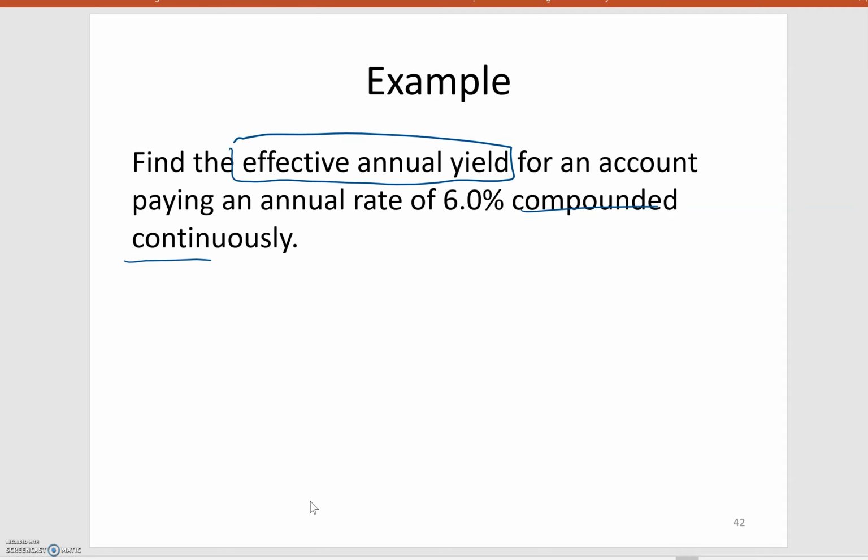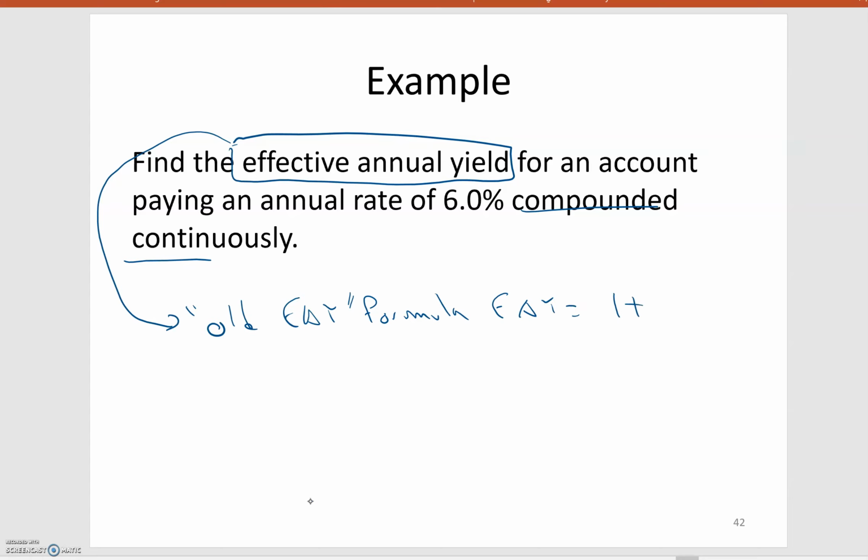Remember, we did this before using, I'll write it in here, the old EAY formula: EAY equals 1 plus APR over n, to the n, minus 1. That was the old EAY. When I say old, what I mean is the n times compounded EAY.